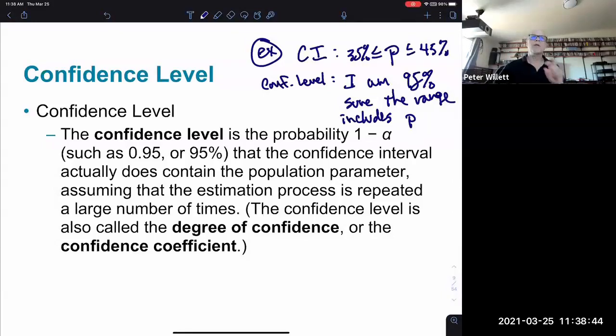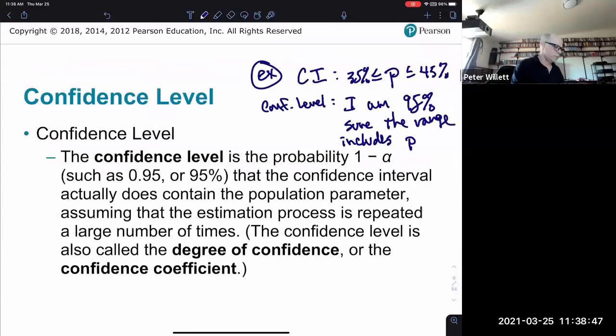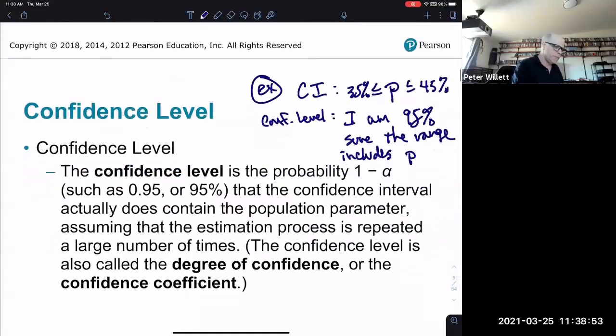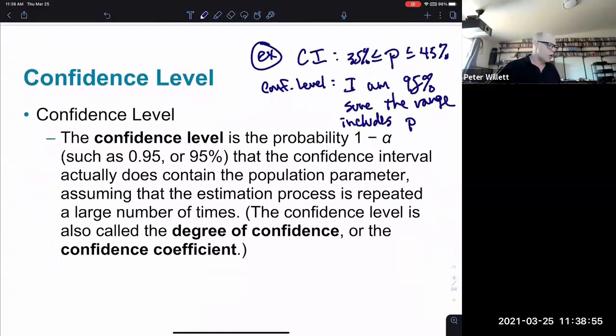So there's two things to a confidence interval. There's the interval itself, and then paired with that interval, based on the sample and sample size, will be the confidence level. Now they're introducing some notation. They're saying the confidence level, as the probability that I was describing, they're labeling it with 1 minus alpha.